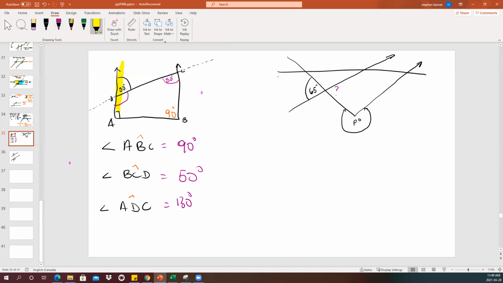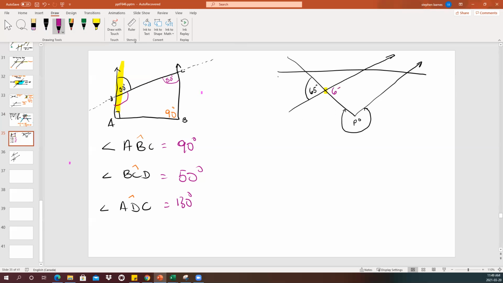Now, because that angle is around a point, and I've put the point in yellow there, I can say that it is vertically opposite to the angle 65 degrees. So because it's vertically opposite, they are equal. And so I can deduce that this angle is also 65 degrees.